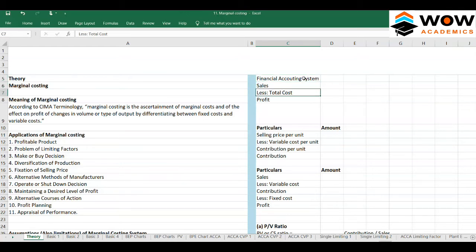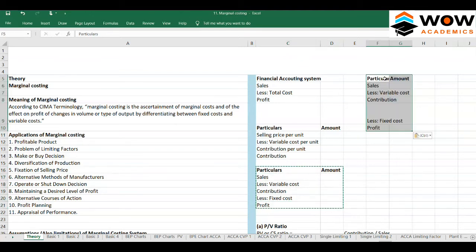It assumes that all costs are total cost. But what management accounting and marginal costing does is divide this total cost into two sub elements: variable cost and fixed cost.